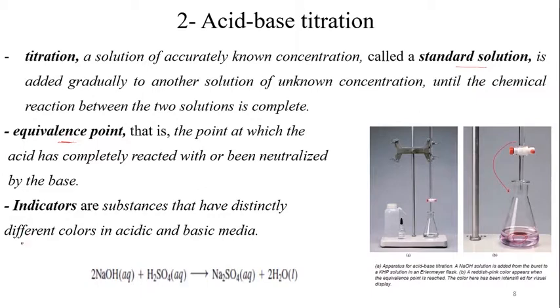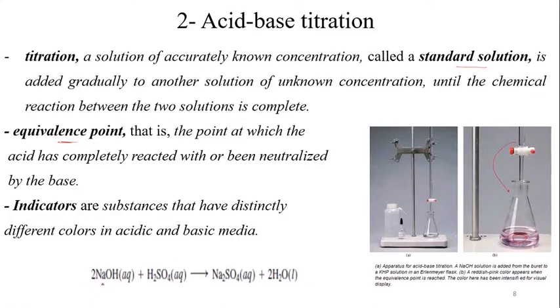In those titrations, we usually use indicators. These indicators will give me a transfer point from a color to another color that will give me indication to the end of my reaction.